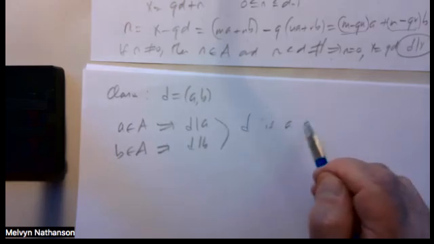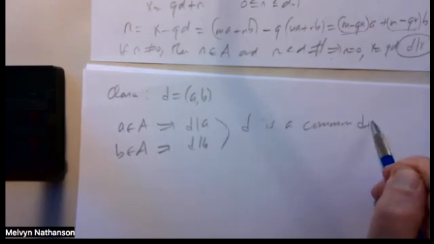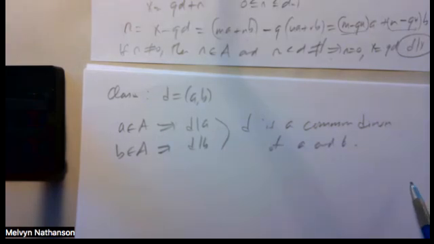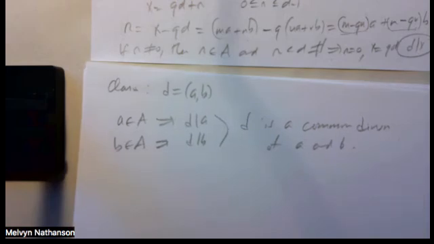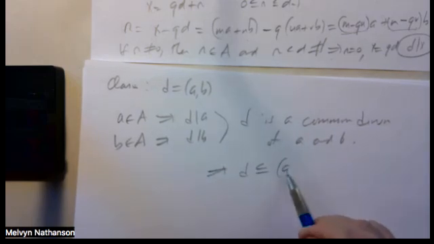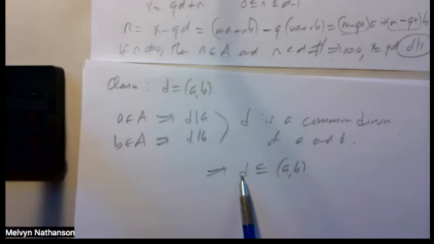So D is certainly a common divisor of a and b, which means D is less than or equal to the greatest common divisor. This is a common divisor, this is the biggest one, so D is less than or equal to this.